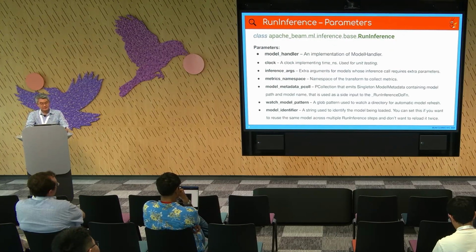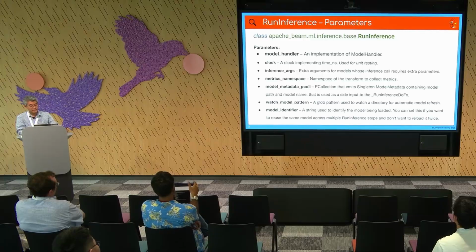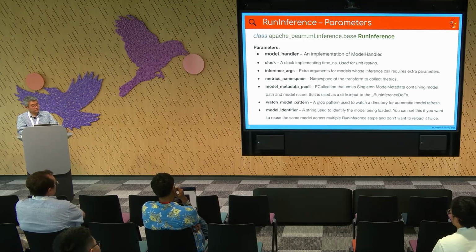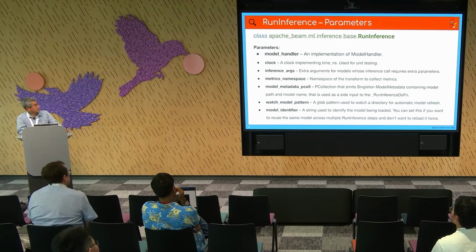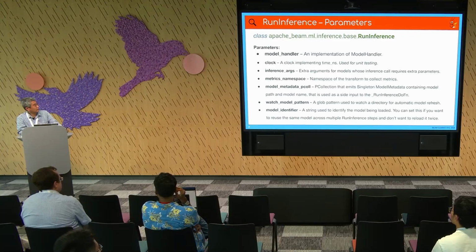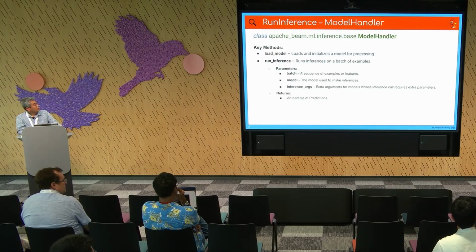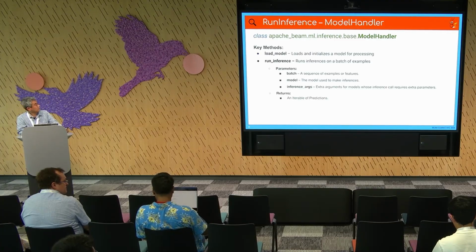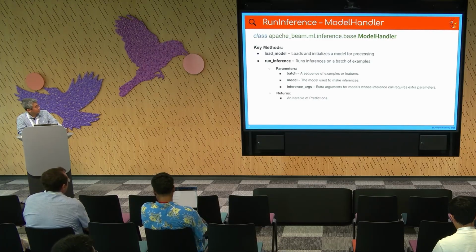So let's take a look at the parameters. Definitely the most important parameter is the model handler. In order to use RunInference, we need to pass a model handler object. This is a base model handler class, and it defines how to load the model and run inference with the RunInference method.